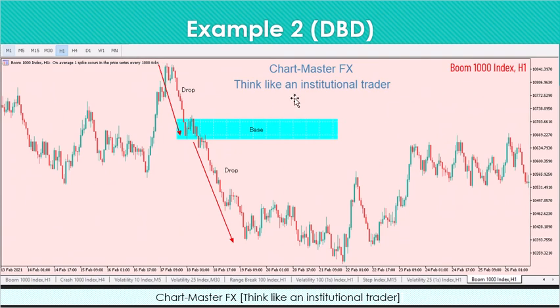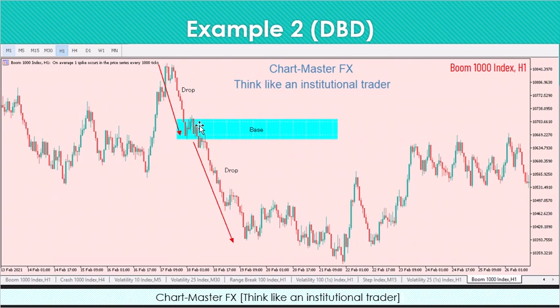On example number 2, we are on the Boom 1000 index on the H1 time frame, and you can see, guys, that we have a drop in price, and the market made some indecision here, and that's where the base is formed.